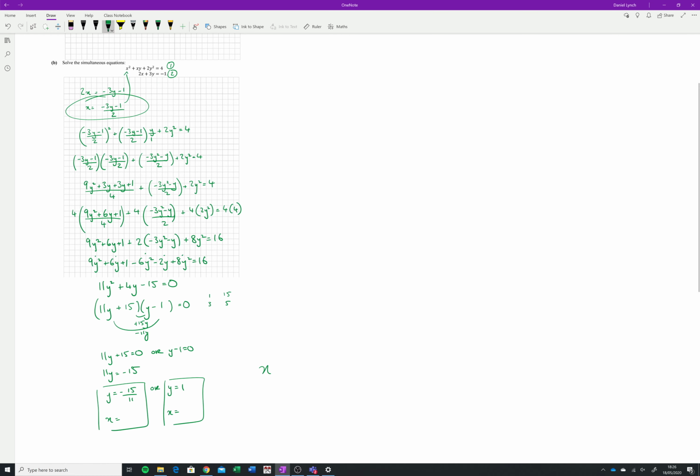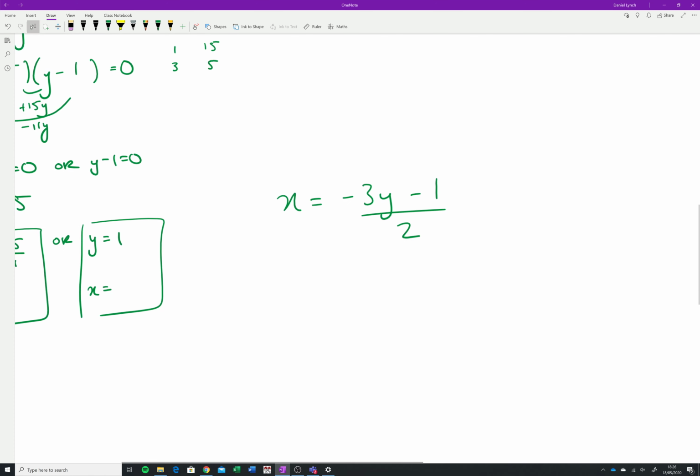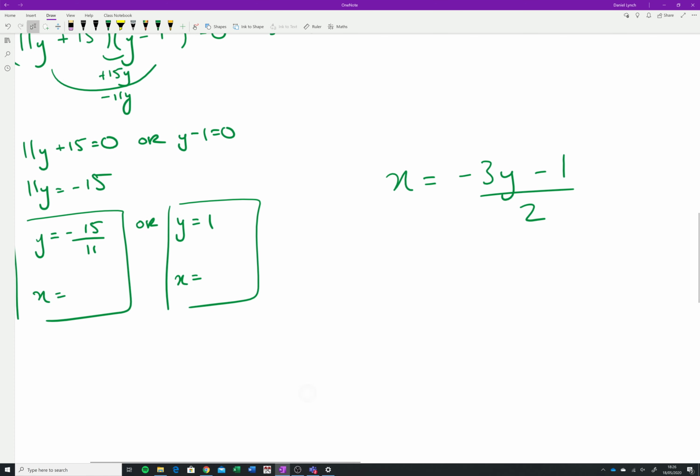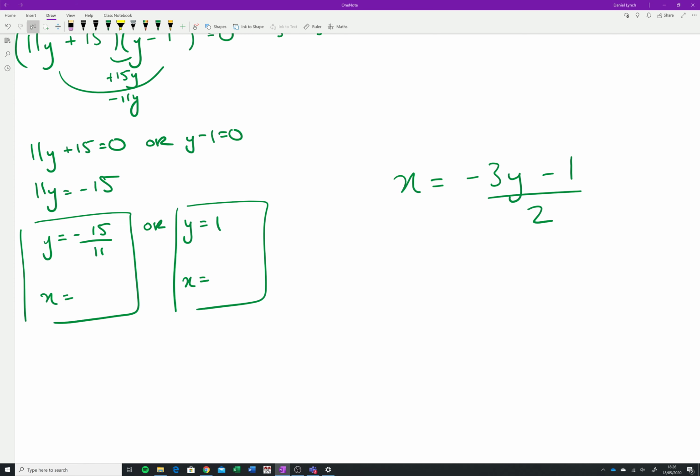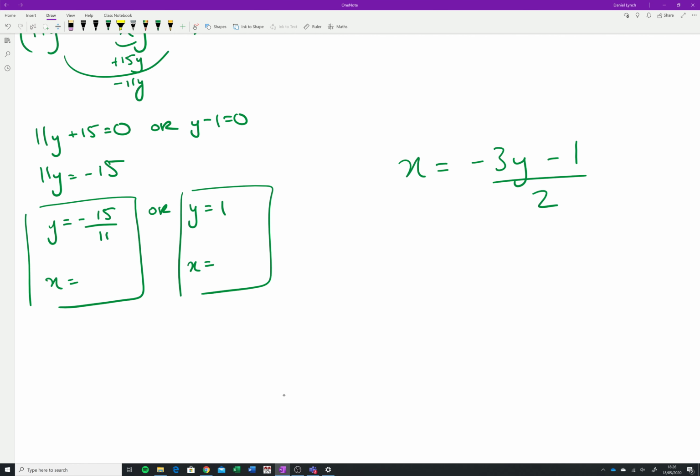X equals minus 3y minus 1 over 2. Let's zoom back in. Let's place y equals 1 in there first of all. We will get minus 4 on top over 2. So that's minus 2. So there's one answer. X equals minus 2 and y is 1.